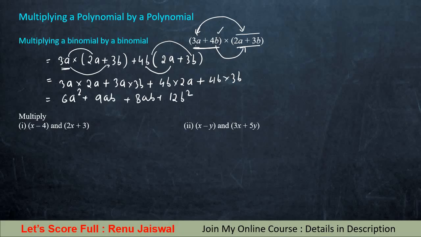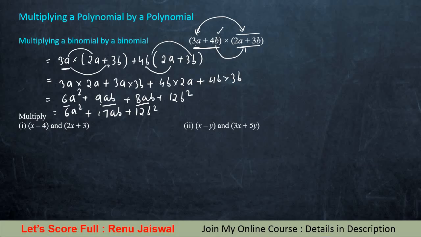When you solve this further, this is 6a square. These are like terms with the same sign, so I will add 9 plus 8, 17ab, and then 12b square. That's all.